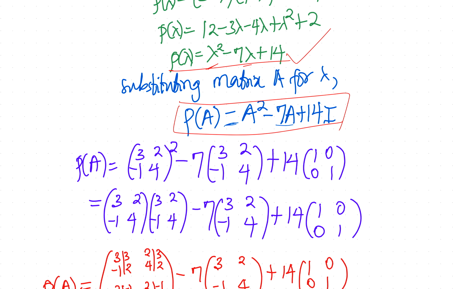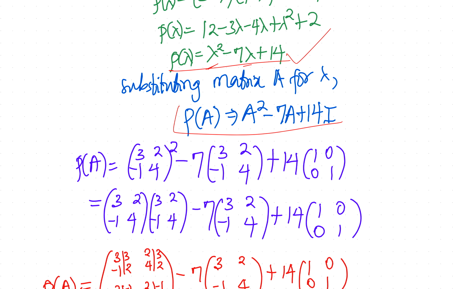Here you're dealing with just regular numbers. But once you introduce A into it, this is matrix A squared, 7 times matrix A, and this is 14. 14 cannot just stand on its own. So it has to be 14 multiplied by the unit matrix for 2 by 2, so that everything can be matrix together like that.